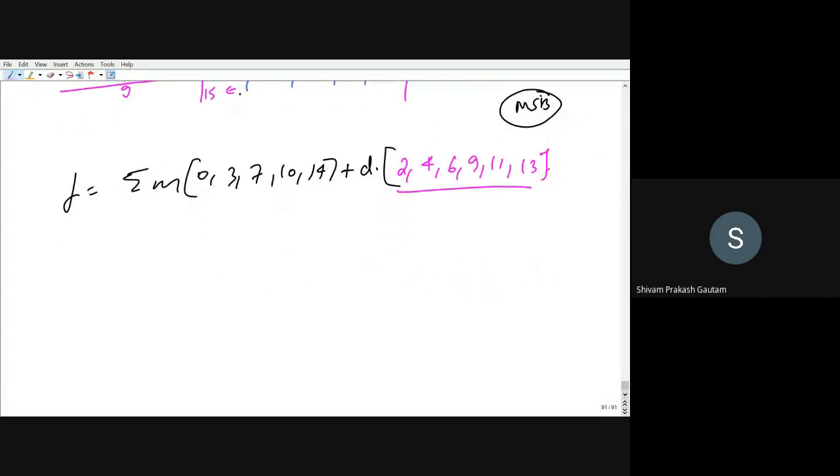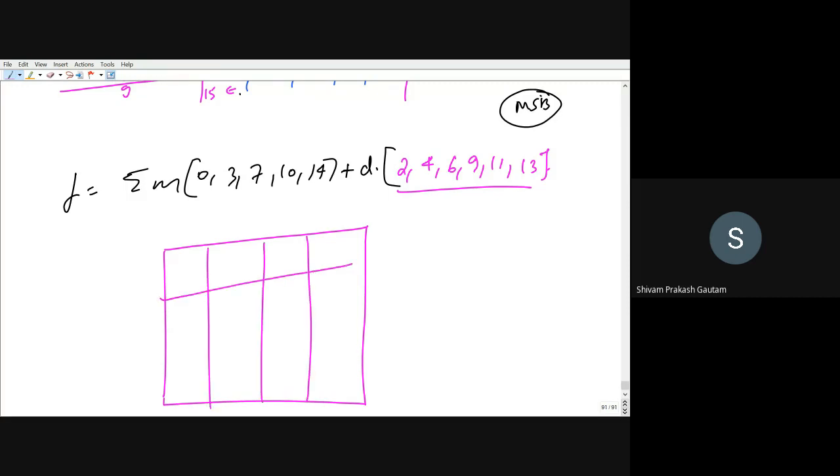So now you can make a K-map. Here will be AB and CD, with 0 0, 0 1, 1 1, 1 0 along each side. The minterms are 0, 1, 2, 3, 7, 10, 8, 9, 10, and 14. 14 will be here.